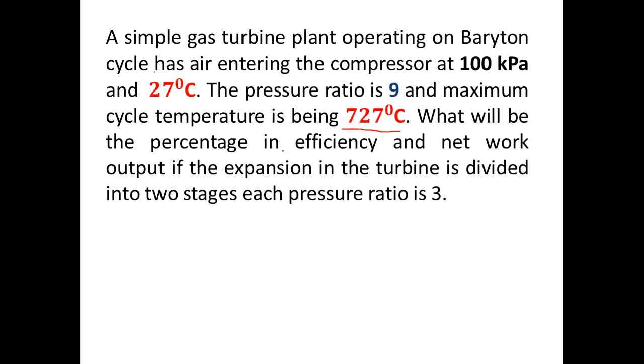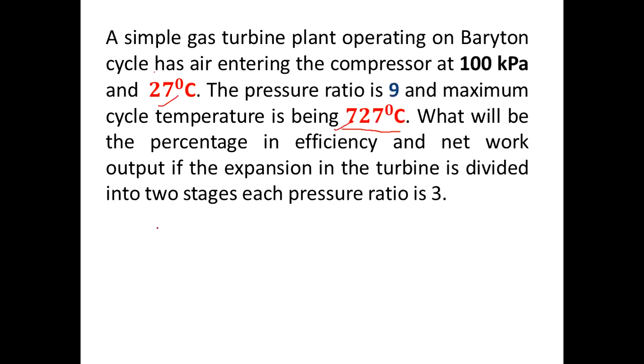What will be the percentage efficiency and the network output if the expansion in the turbine is divided into two stages? Each pressure ratio is 3. Whatever the temperatures are given, you must convert them into Kelvin.